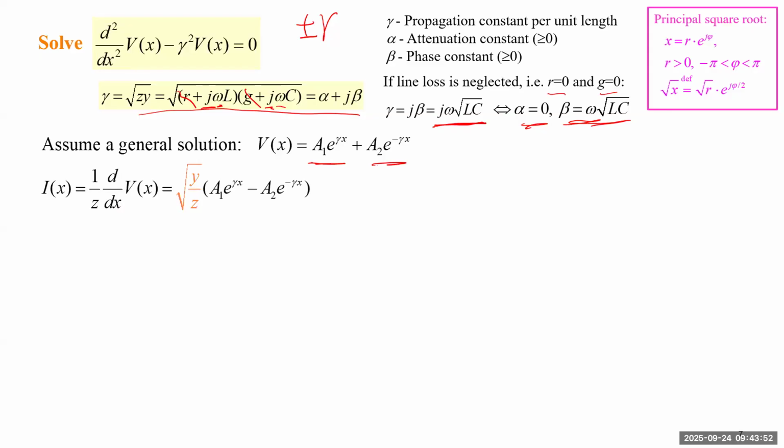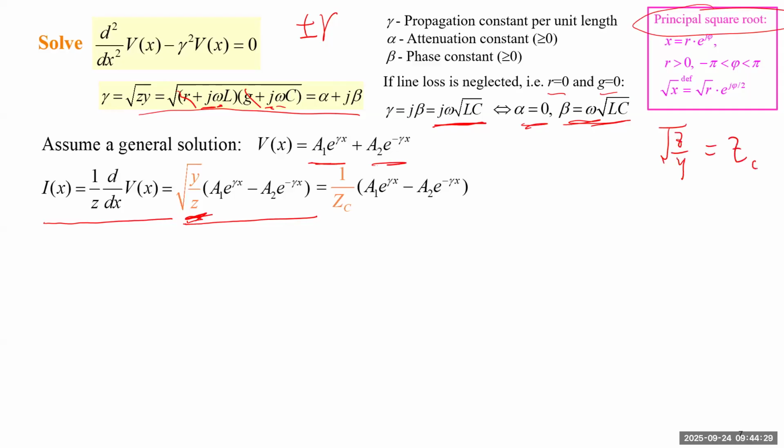Current will be equal to this equation. There is a coefficient which is the square root of y divided by z. We also need to utilize the principal square root to calculate this square root. Just to make this easy, we can define lowercase z divided by lowercase y as ZC.